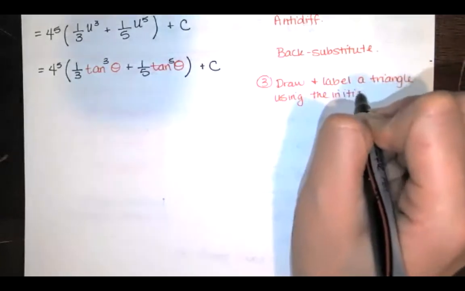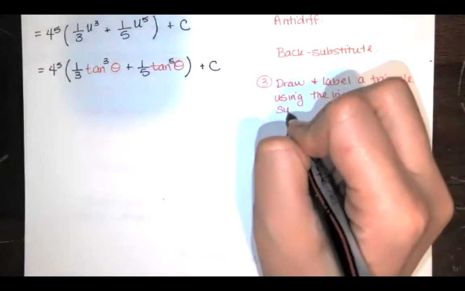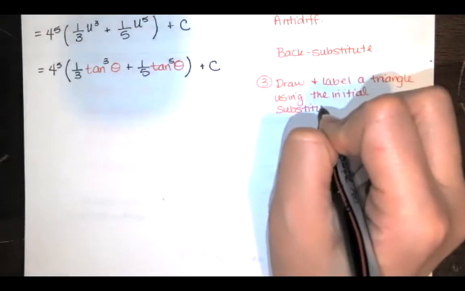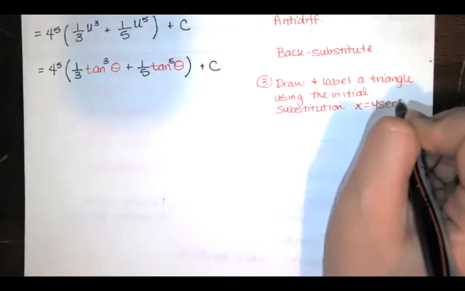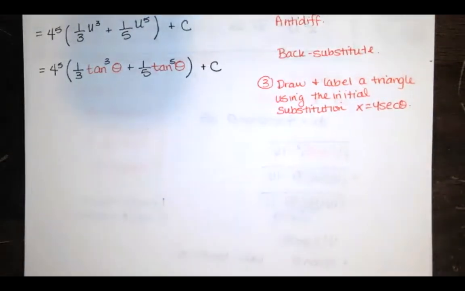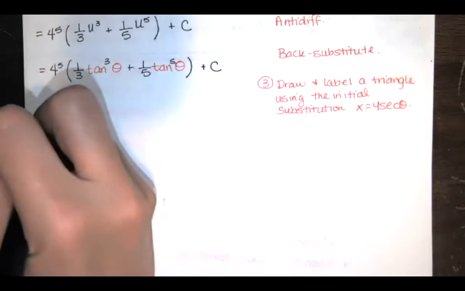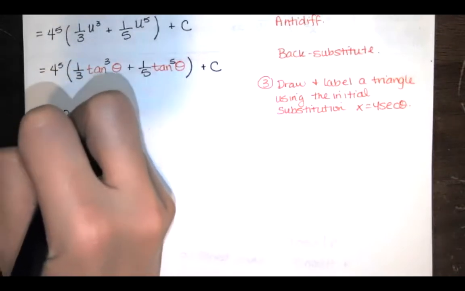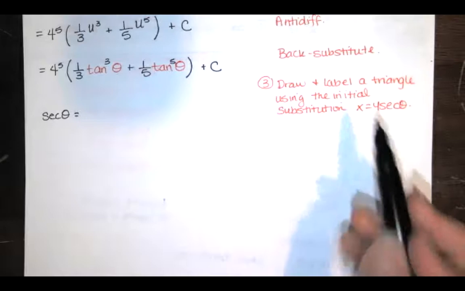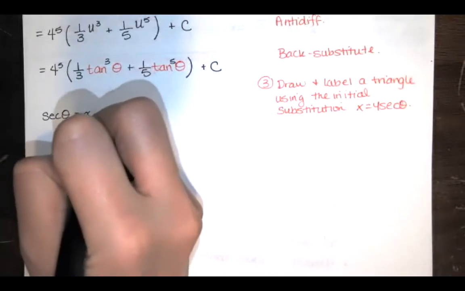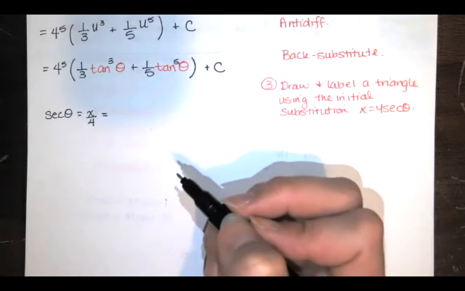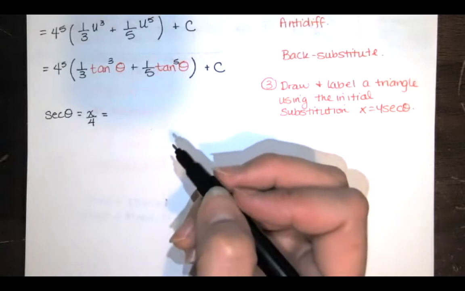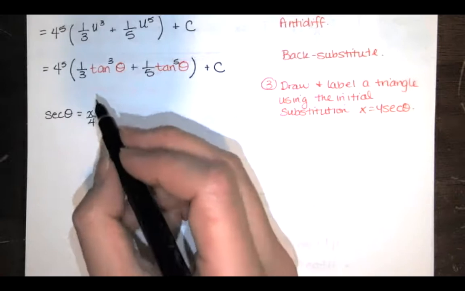Now I know we've substituted a lot already, but our initial substitution was x equals 4 times secant of theta. So I would take that 4 times secant of theta and solve it for secant by dividing both sides by 4. So secant of theta is x over 4. And remember what secant is. It's the reciprocal of cosine. So cosine is adjacent over hypotenuse.